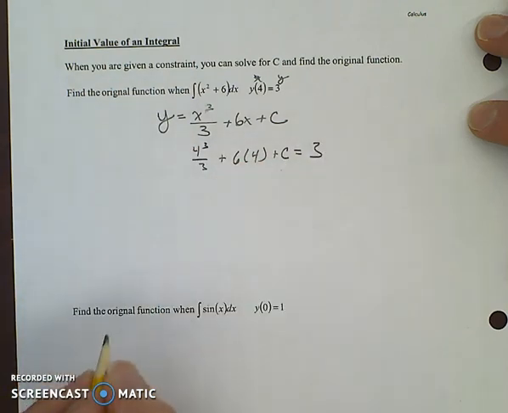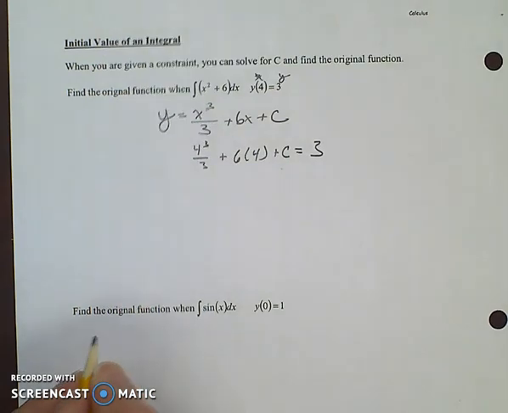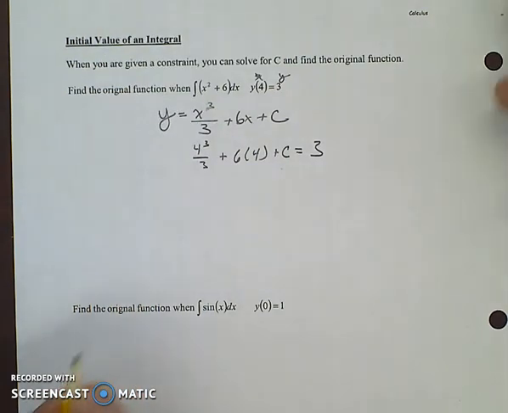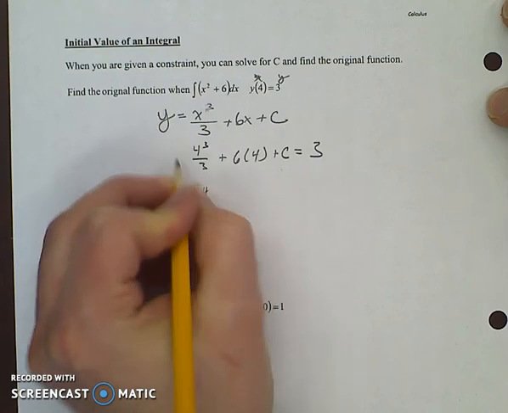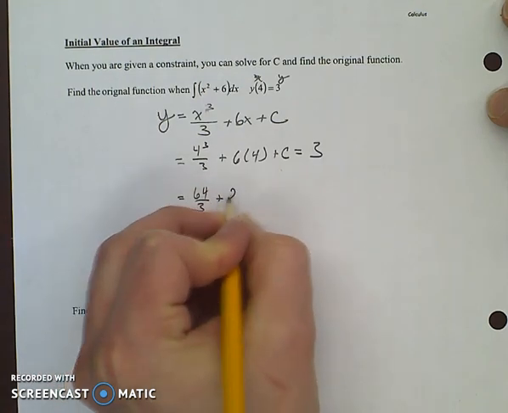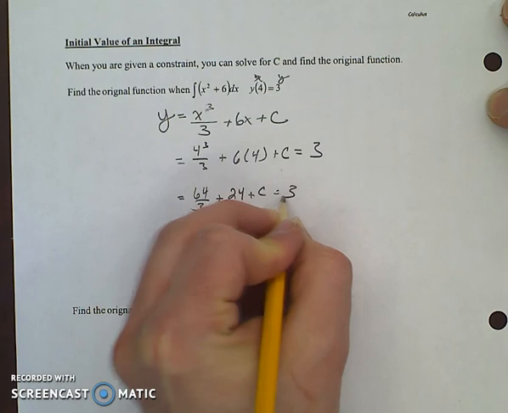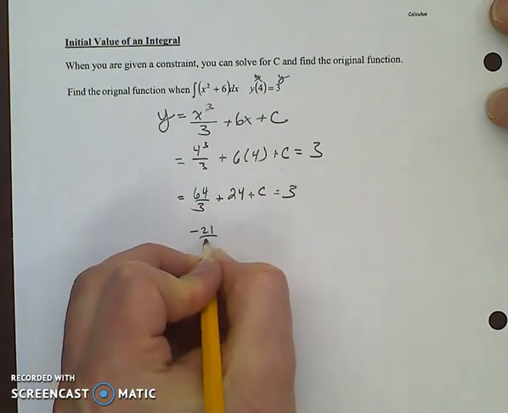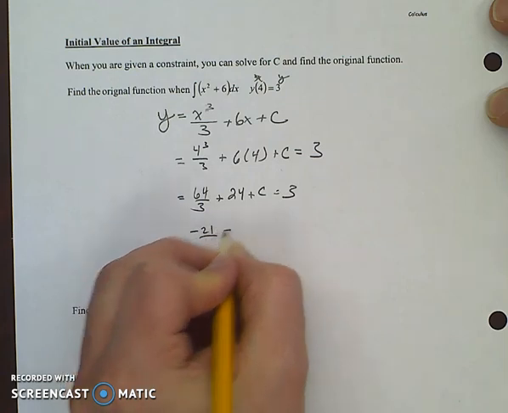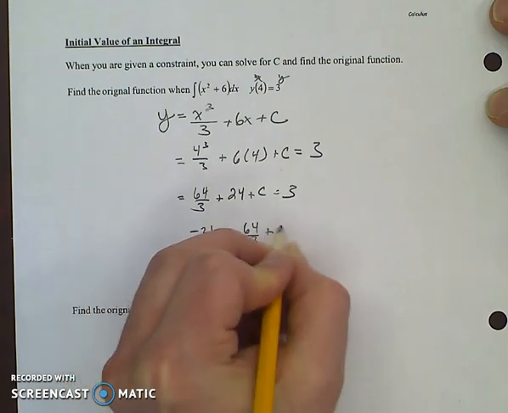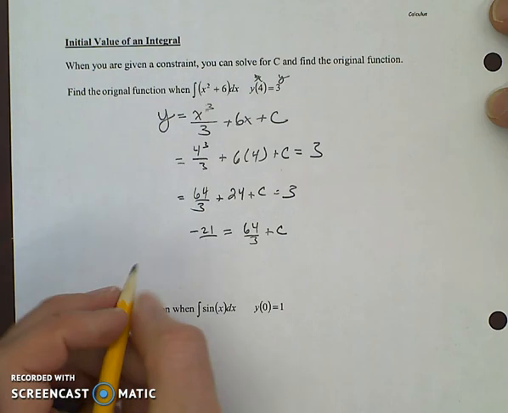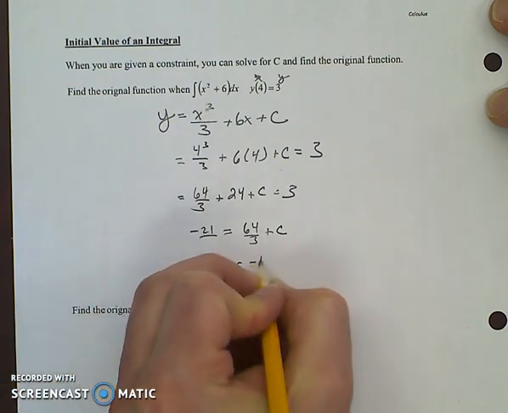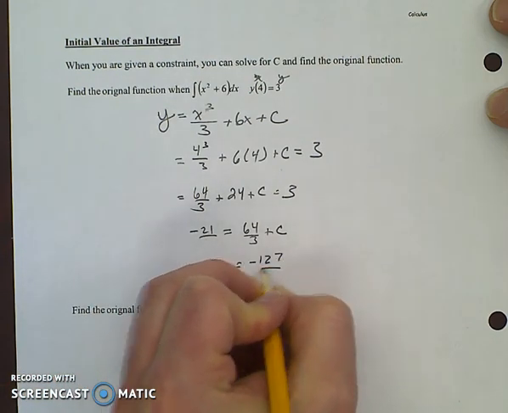And now let's solve that. So we've got 64 over 3 plus 24 plus c equals 3. And we'll get negative 21 equals 64 over 3 plus c. If we do all that out, we're going to get c to be negative 127 over 3.